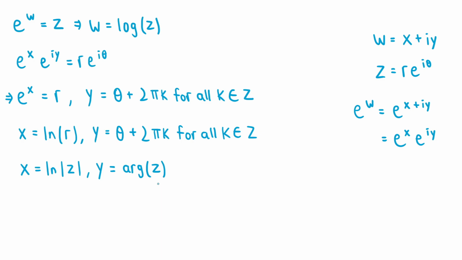Since w equals log of z and w equals x plus iy, we can conclude that log of z equals ln of the absolute value of z plus i arg of z, and this comes from the expressions for x and y that we found in terms of z. So this means log of z in the complex numbers is also a multi-valued function because it contains arg of z, which itself is a multi-valued function.